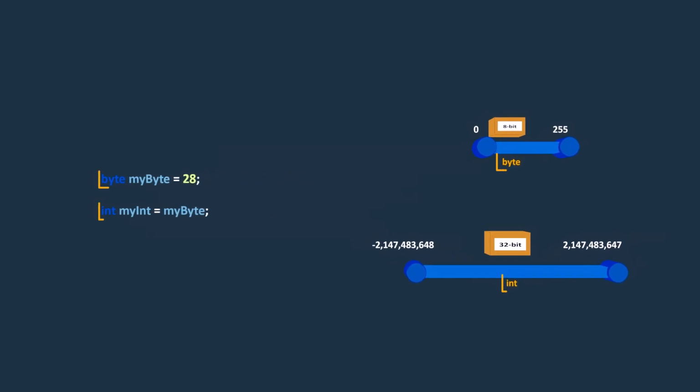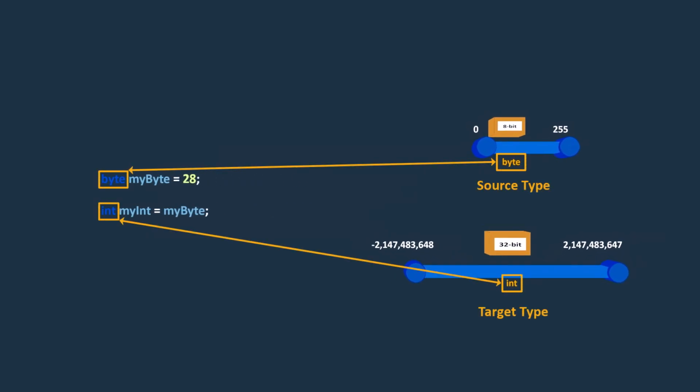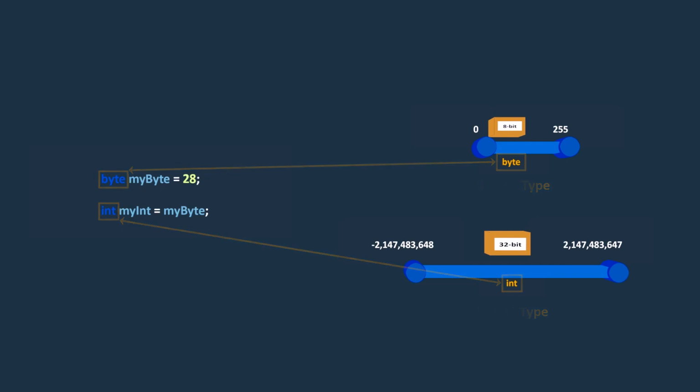An implicit cast is an automatic conversion and can occur if the target type is larger than the source type, which means that we can assign a value of a smaller type to a variable of a larger type. For example, here, the byte value is implicitly cast to an int and assigned to the variable myInt.